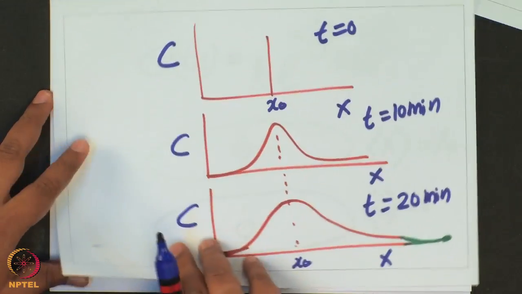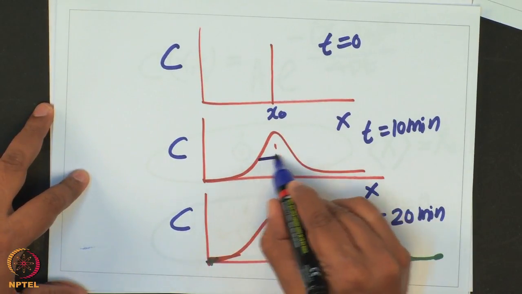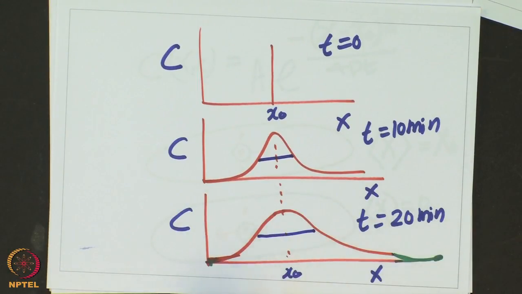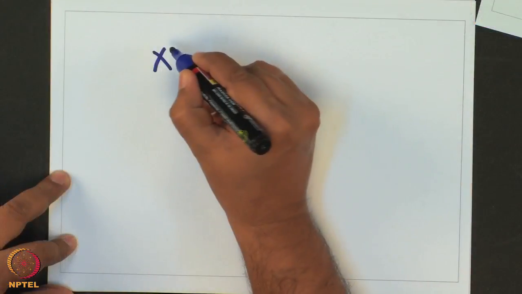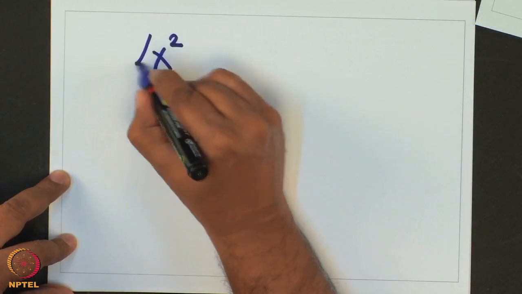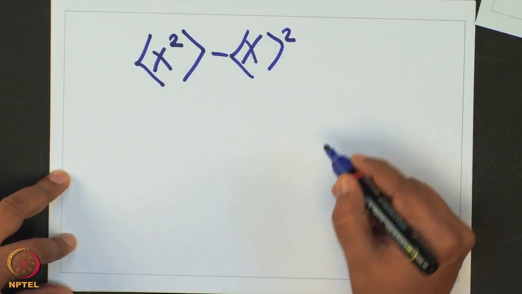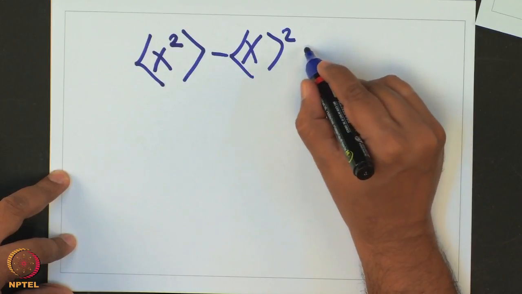Now, how much would it spread? How much is this spread? This is calculated, at any given time, say at 20 minutes, how much it would spread. This spread is basically calculated by this quantity called root mean square distance, as anybody who has learned statistics would know: the spread, which is x square average minus x average square, is the variance.